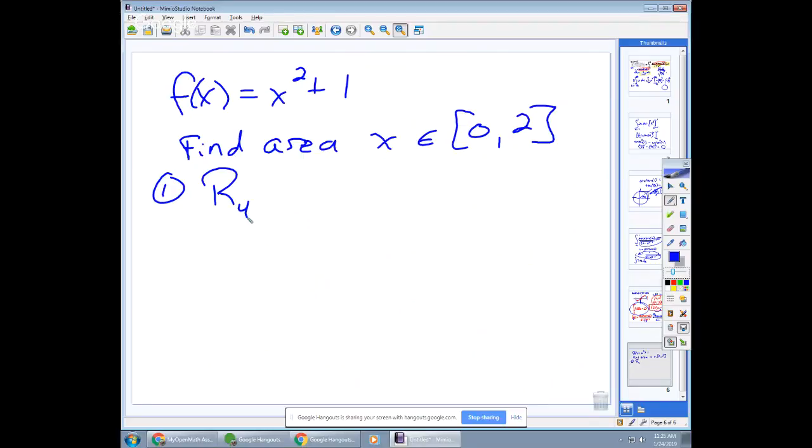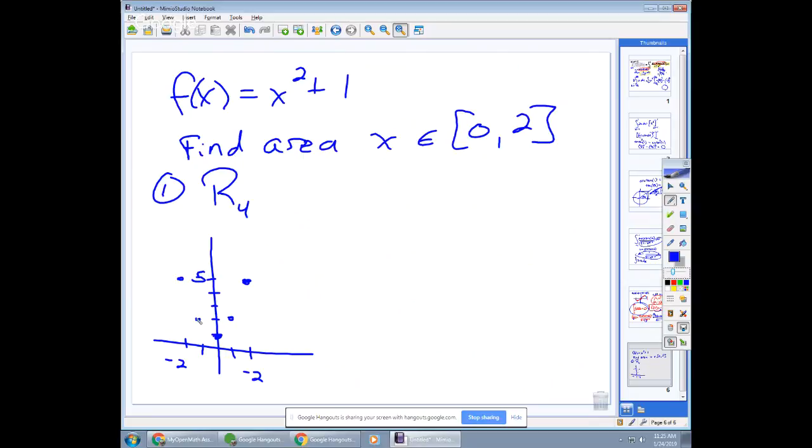Anytime you do a problem like this, the first thing you should do is graph it. So I'm going to make a quick sketch. x squared plus 1. It's got a vertex there, and then I need to go over to 2 that way, and to negative 2 that way. If I square 2, I get 4 plus 1 is 5. So 1, 2, 3, 4, 5. So I have a point about there, another one over there.